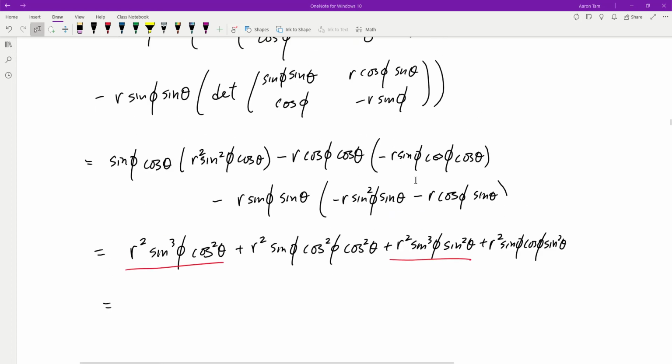Actually, I noticed another mistake. I'm missing a square here, because it's cosine phi times r cosine phi sine phi. So therefore, I'm missing a square here also. Now that makes more sense.